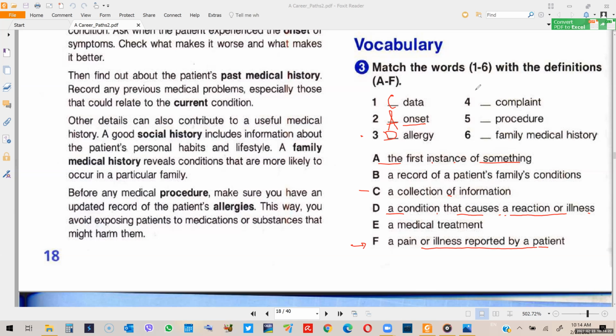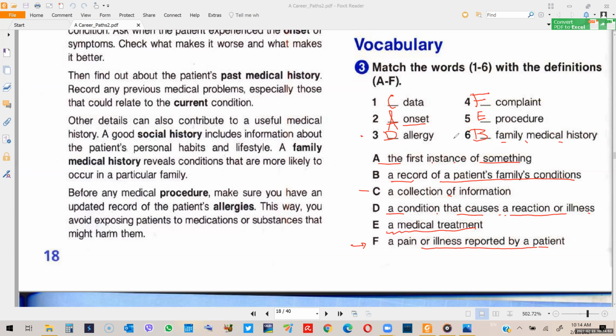So this is F. And number 5, procedure. It is the steps taken by the doctor, the medical treatment. So it is E. And finally, family medical history is number B, a record of a patient's family conditions.